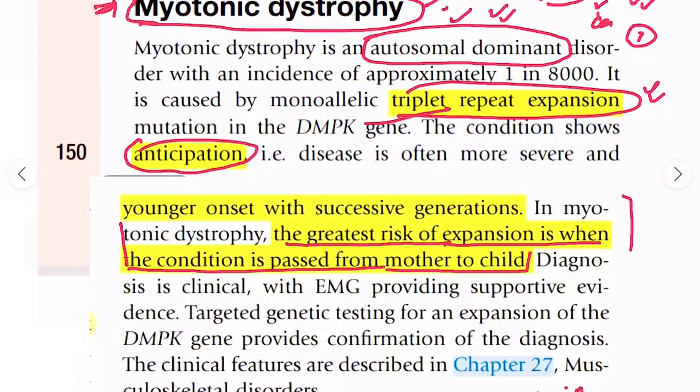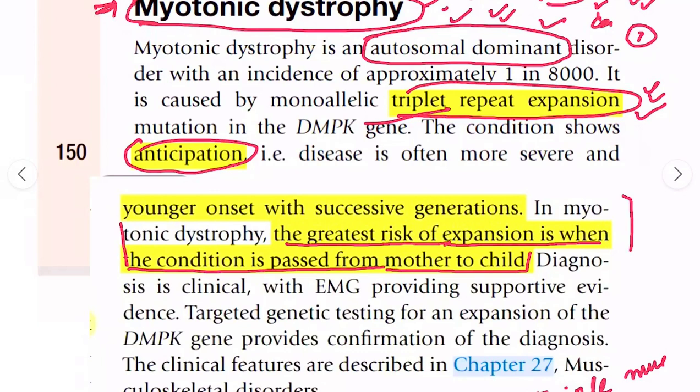And autosomal dominant, triple nucleotide repeat. What are other diseases with triple nucleotide repeat? One is your myotonic dystrophy. The second one is your ataxia telangiectasia.